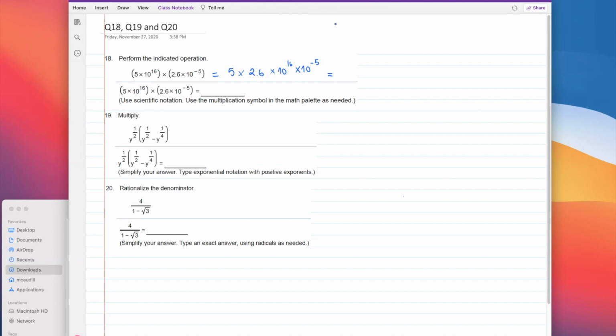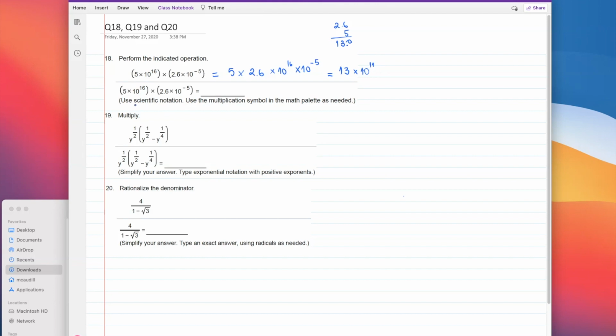When I multiply 2.6 by 5, I get 13. I don't need to put 13.0, not necessary. And I have two powers here with the same base, so I keep the base and I add the exponents. So this becomes 11.